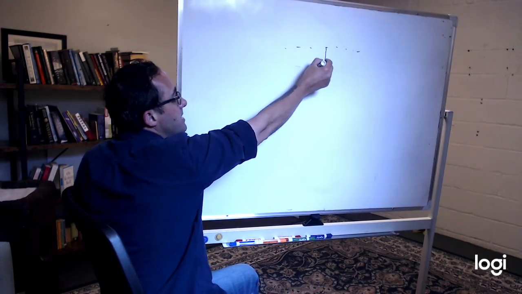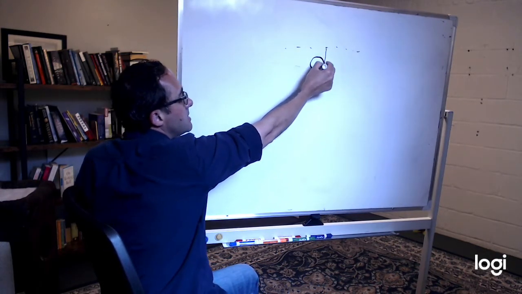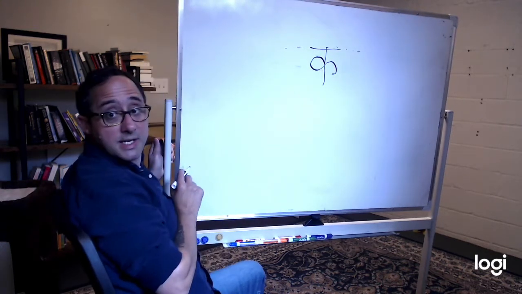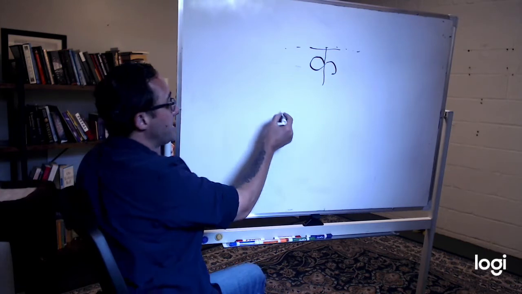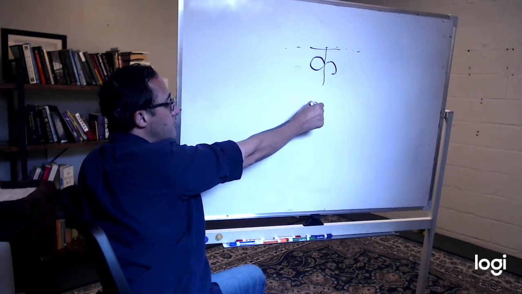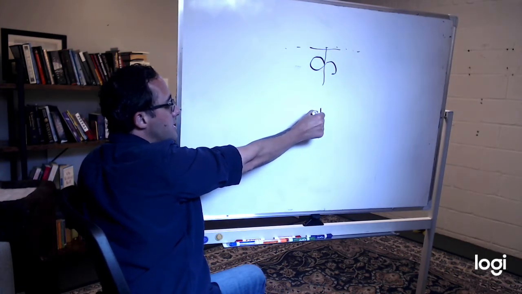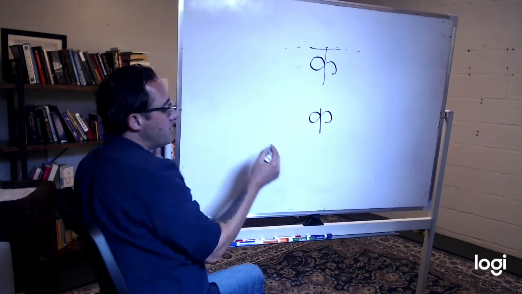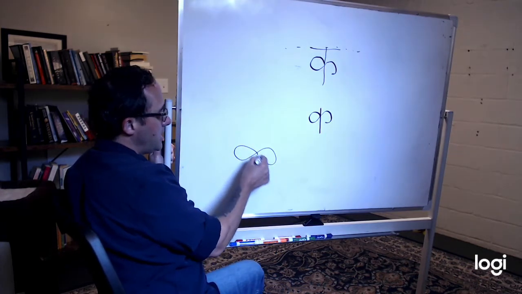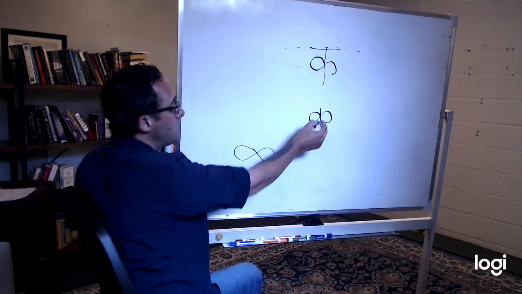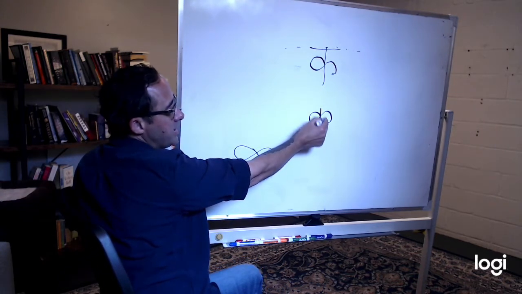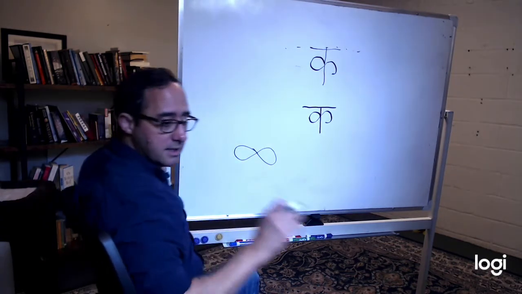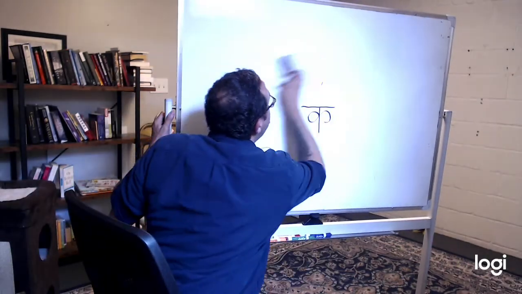I'm going to come around like this and make my top. Ka. Let's try it again. Down, a little above the middle, go around and over like you're making a symbol of infinity. But don't complete it. Ka, ka. Now I want to make the ga.